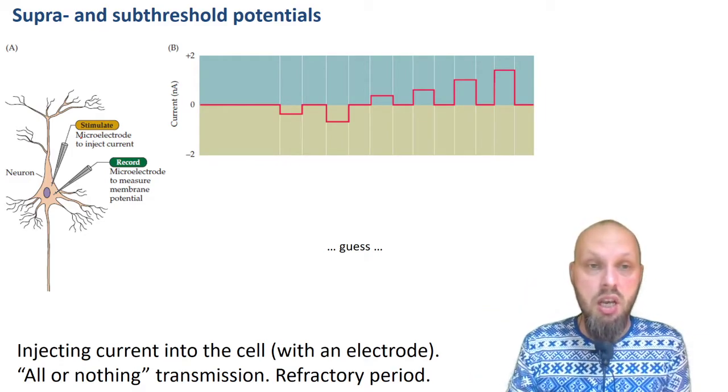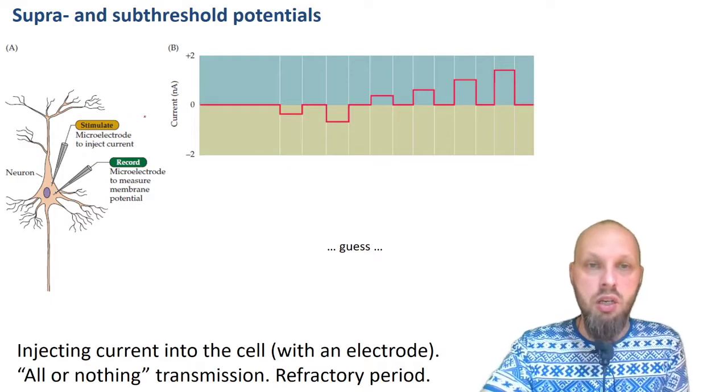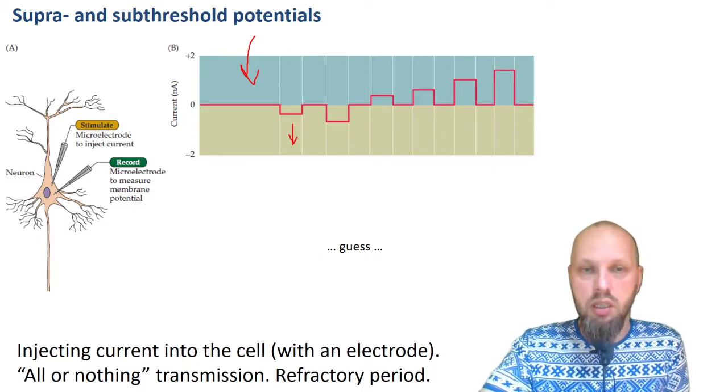and they can try to increase its potential. Here's a picture from some textbook that I like, and that's why I copied it here. Imagine that first they did nothing, and then they tried to decrease the potential a little bit, and then a little bit more, and then they tried to increase the potential a little bit, and then a little bit more, and yet more, and yet more.